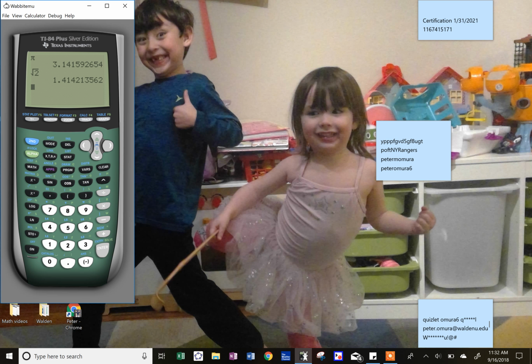And you can see this looks like it starts to repeat, but it doesn't. The square root of 3 is 1.7, and this, once again, it does look like it repeats, but it won't.